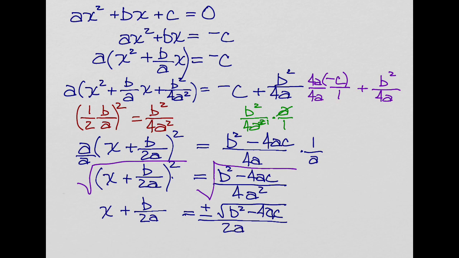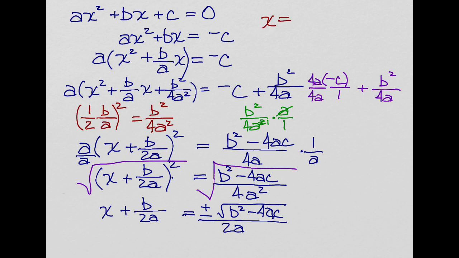Last thing left to do, I'm going to subtract b over 2a on both sides. Conveniently, there's already a common denominator of 2a. So when I do that, now I have x by itself on the left, x equals.